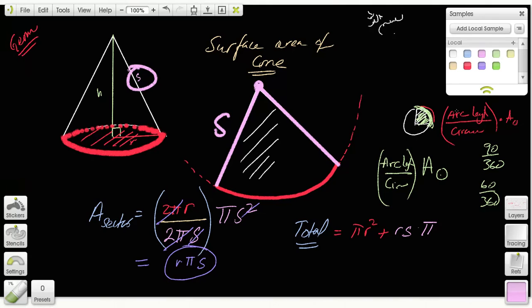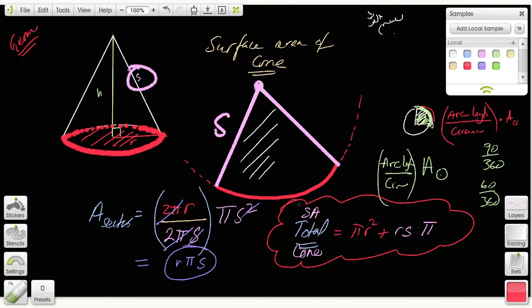So the total surface area of the cone is done in these two parts. You take the area of the base and you calculate the lateral area. The lateral area is trickier because this is the equation for doing it. But if you understand the rationale for it, it's actually quite easy in that way.